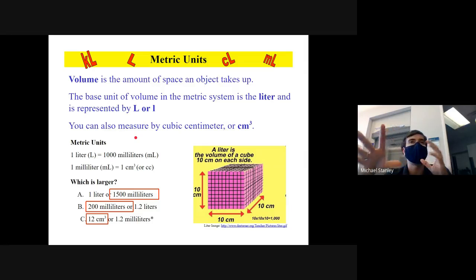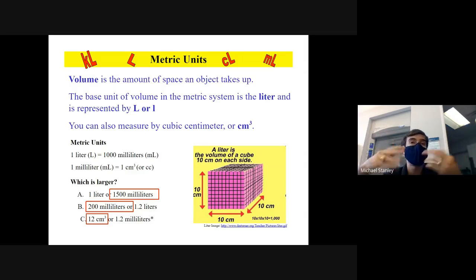I usually like to think of a milliliter as about the size of a dropper, like if you're using a dropper bottle for eye drops, or the little rubber plunger thing to take some drops out of something. Each one of those drops is probably about 1 milliliter.